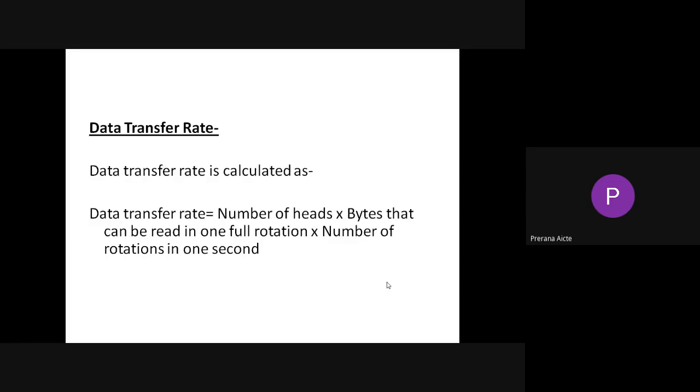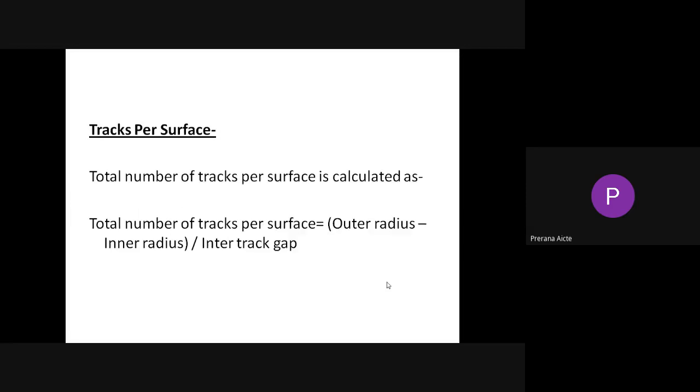Next one, data transfer rate. Data transfer rate equals number of heads times bytes that can be read in one full rotation times number of rotations in 1 second. And tracks per surface.